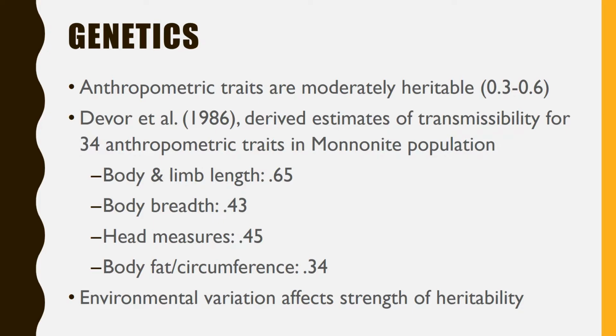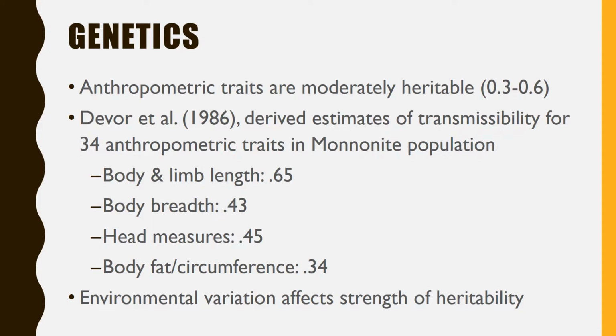How much of this variation that we are seeing is due to genetics? It has a numerical range of 0 to 1. So 0 would mean that the genes do not contribute at all to the phenotypic variation. Then on the other extreme, 1 means that genes are the only reason for the phenotypic variation.